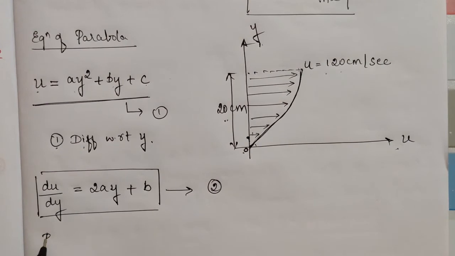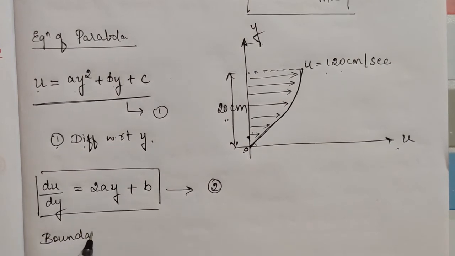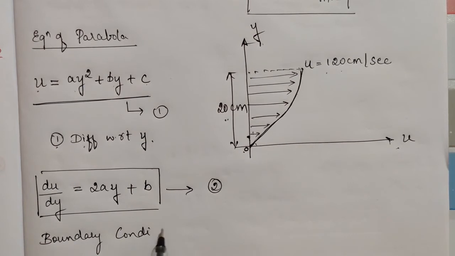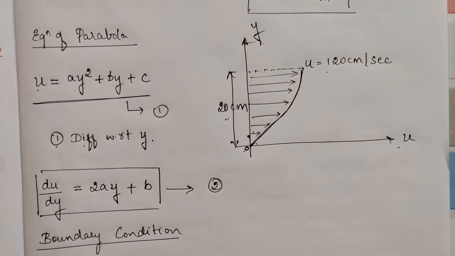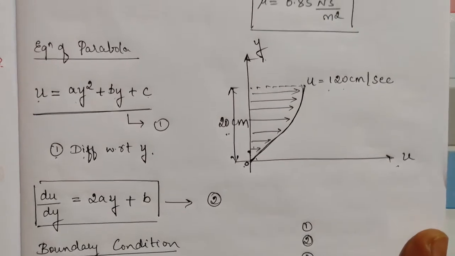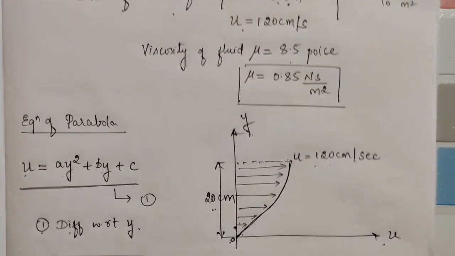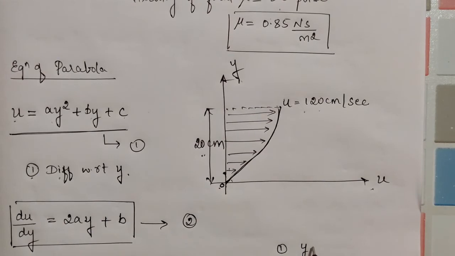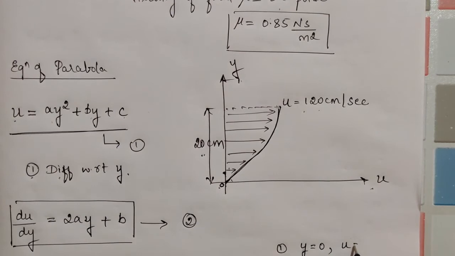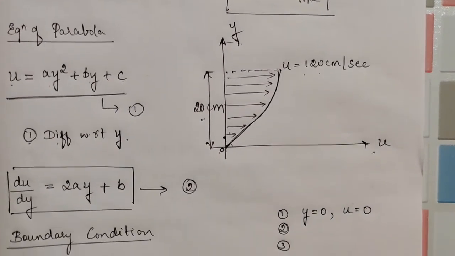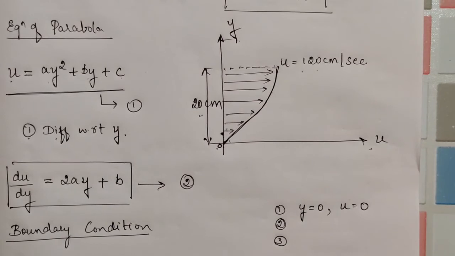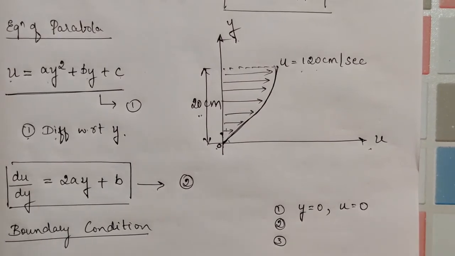Now I will use the boundary conditions for this problem. We have 3 boundary conditions here. First, when y is 0, that is when distance is 0, u is 0. What is the performance of this velocity or gradient, and how will the equation be compatible?